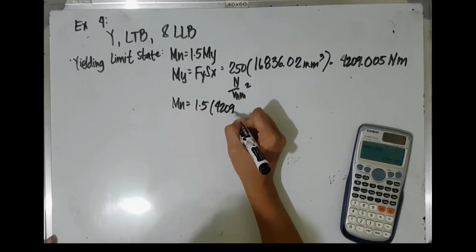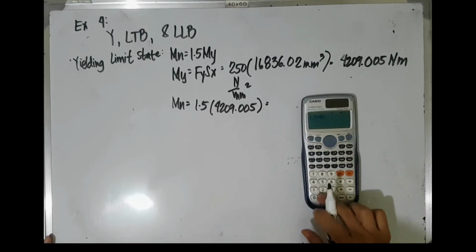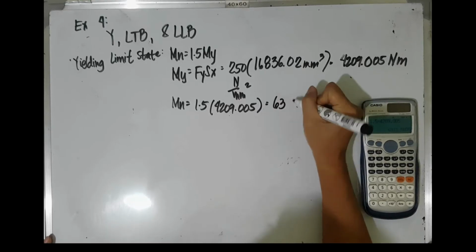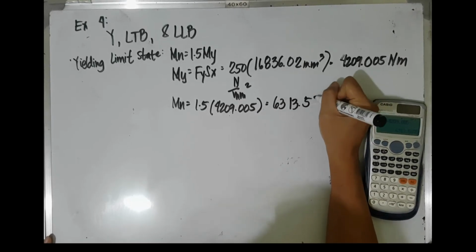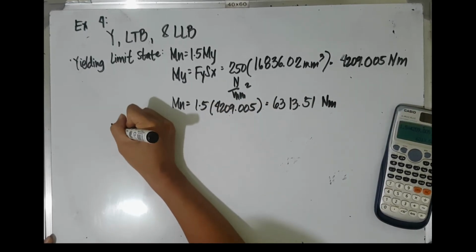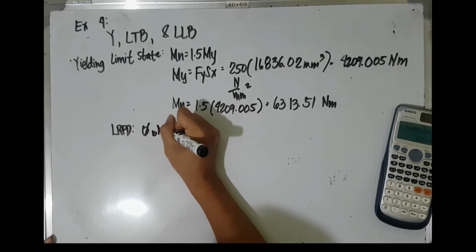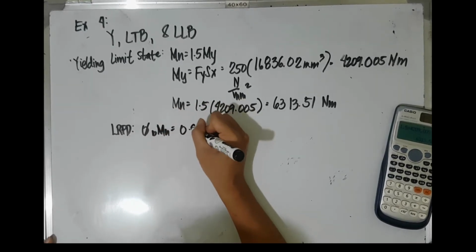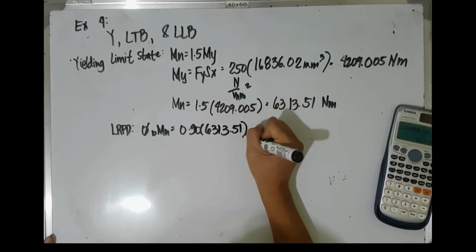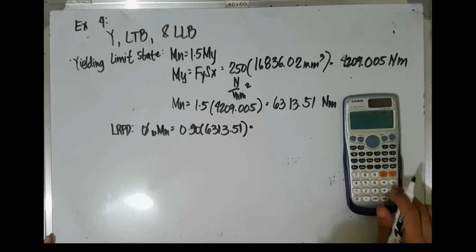And our nominal flexural strength is just equal to 6,313.51 Newton meter. And for LRFD, we'll just multiply it by 0.9 to determine whether the section is adequate or enough.